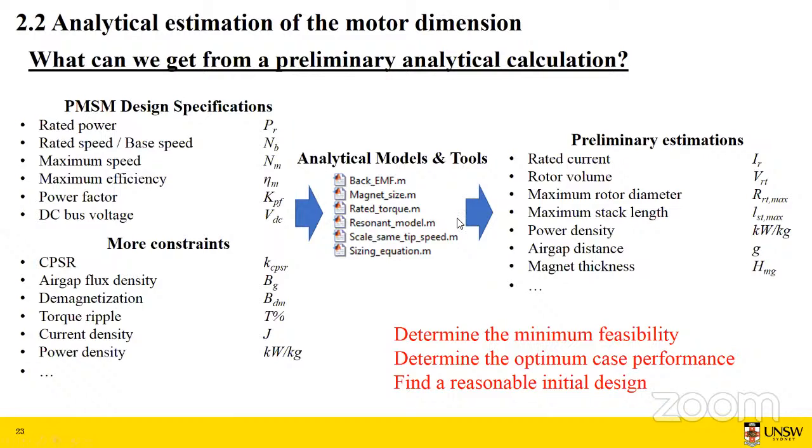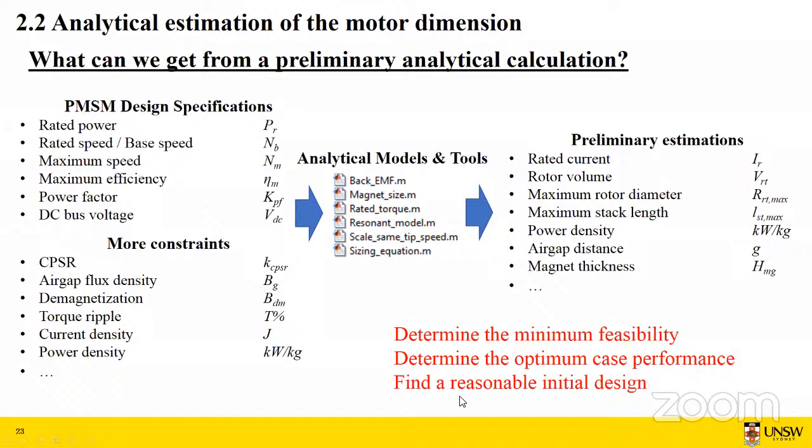Although all these analytical models and tools are not very accurate, if we set the situation to the worst case and the optimum case, we can get a fairly accurate result of what we can expect from the design. And most importantly, it can help us to find a reasonable initial design.